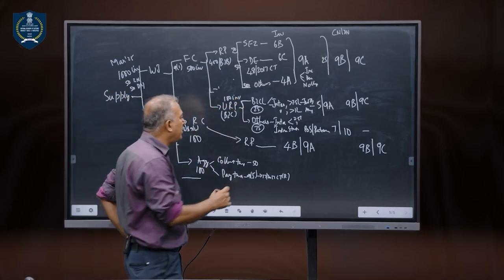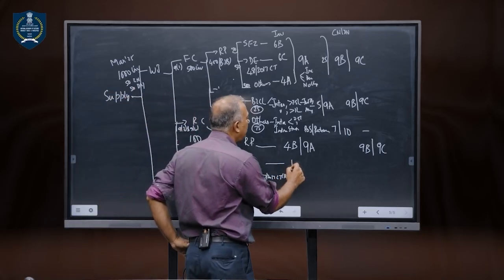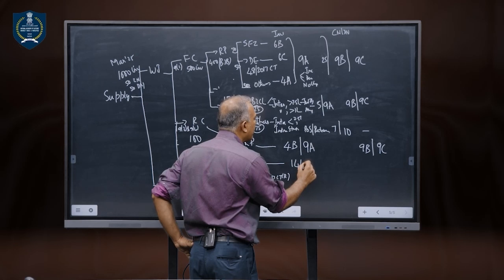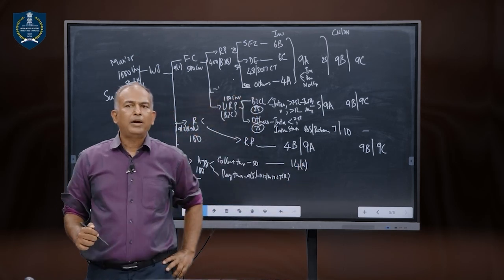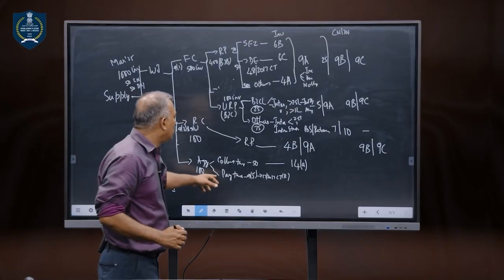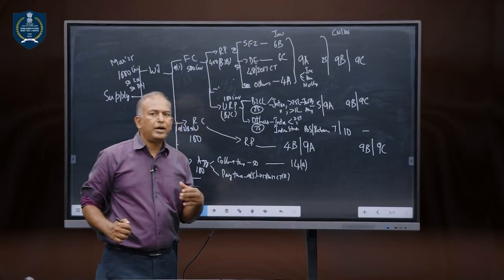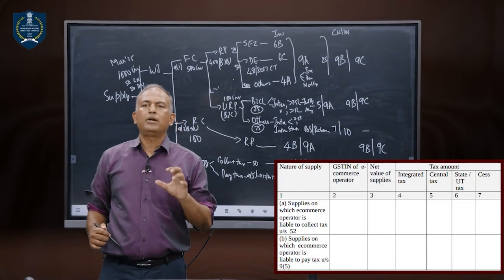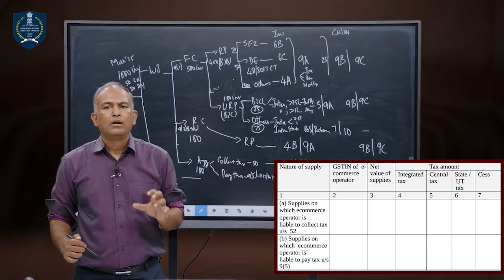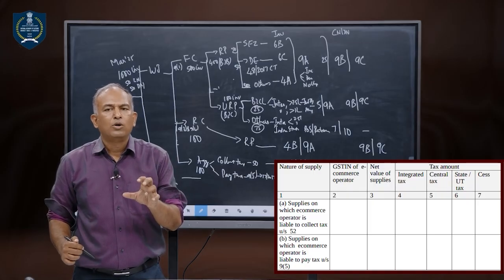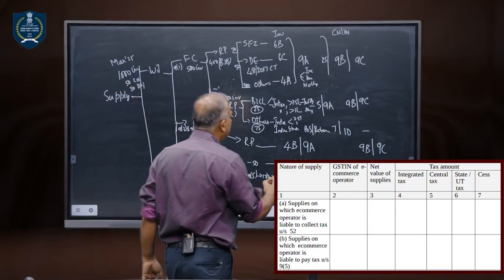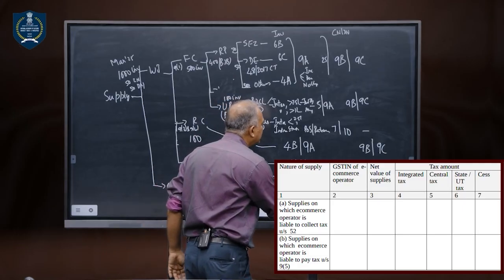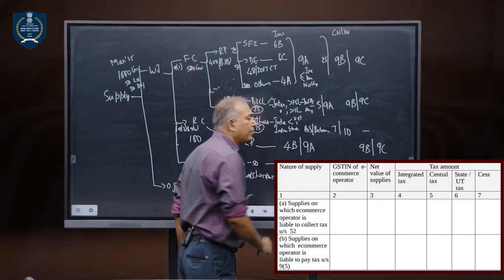In addition, Rajesh has to show it in a table called 14A. Now, when this supply happens through an aggregator specified under 17 of 2017, who needs to pay the tax? The aggregator needs to pay the tax, and that is specified in a table called table 14B.